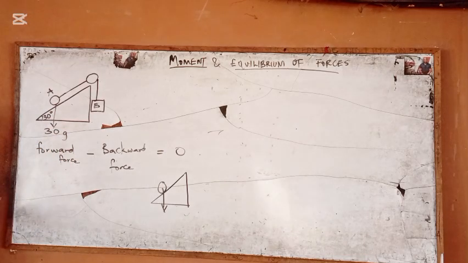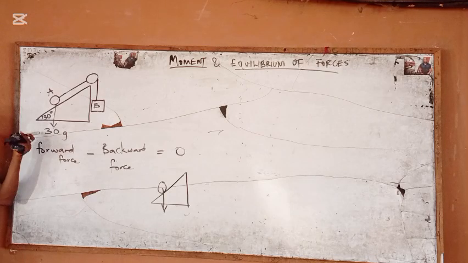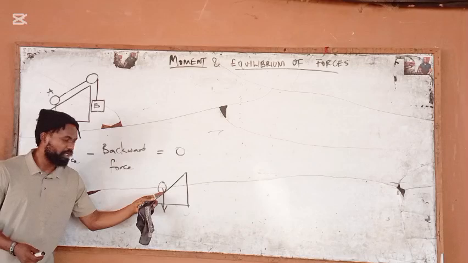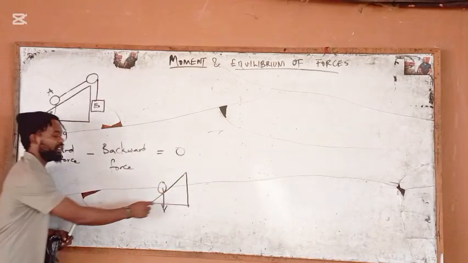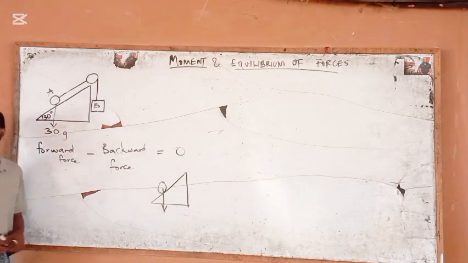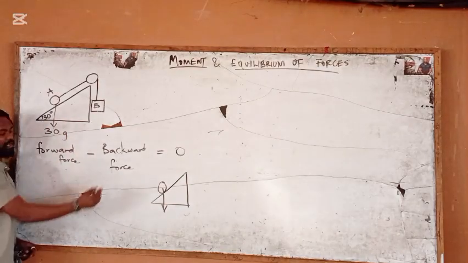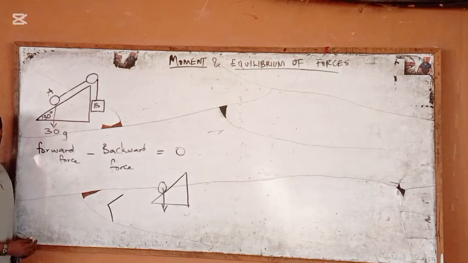But I don't make use of gram when I'm finding weight; I make use of kilogram. So before I convert this to kilograms so that I can do mg, I need to notice that this component is not at 90 degrees to this inclined plane. So how do I take this weight, this arrow, to form 90 degrees with this inclined plane? Because notice that what I have there is still at an angle. Is it not true?